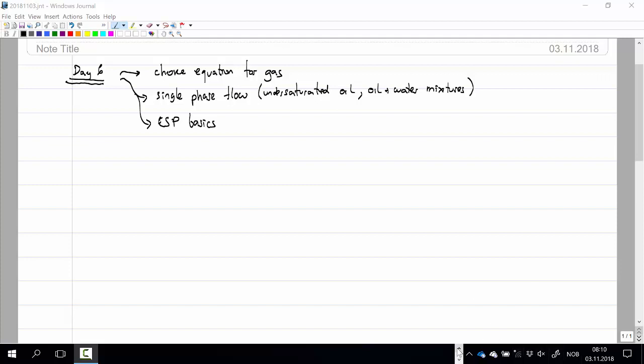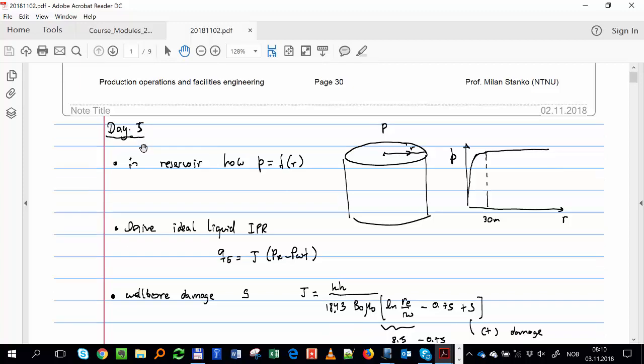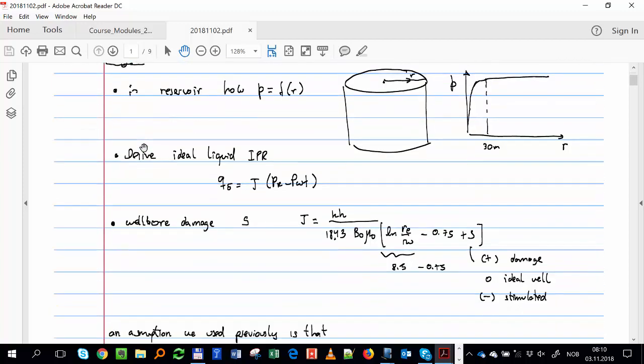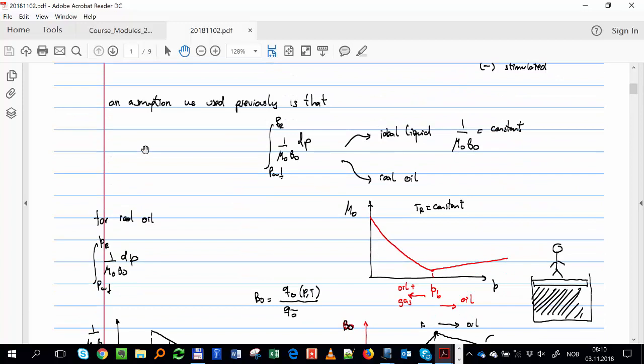So, yeah, let's just make a brief summary of what we covered yesterday. Yesterday we went to the IPR of undersaturated oil. We cannot assume anymore that it is ideal.